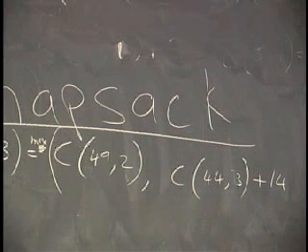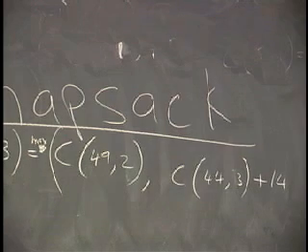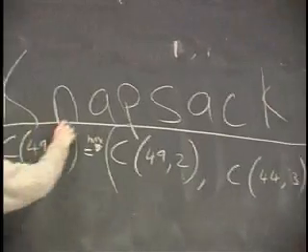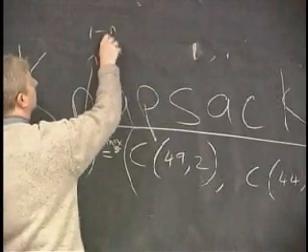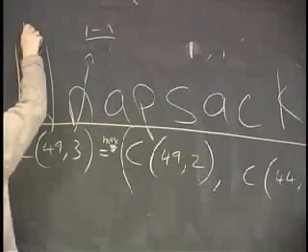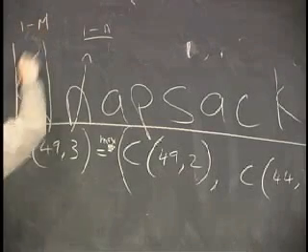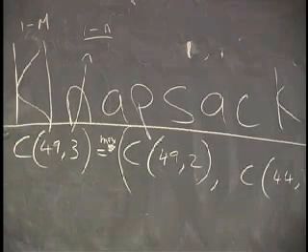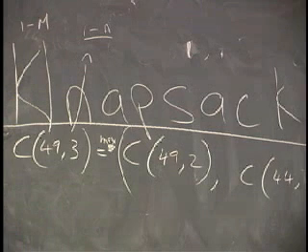So you don't want to do it this way. You want to do it in a bottom-up way, because if you do it in a bottom-up way, what's the maximum number of subproblems you could possibly have if you make sure you do each one once? This number ranges from 1 to 3, or in general, this number ranges from 1 to n. And this number ranges from 1 to capital M, our biggest number, the size of the knapsack.